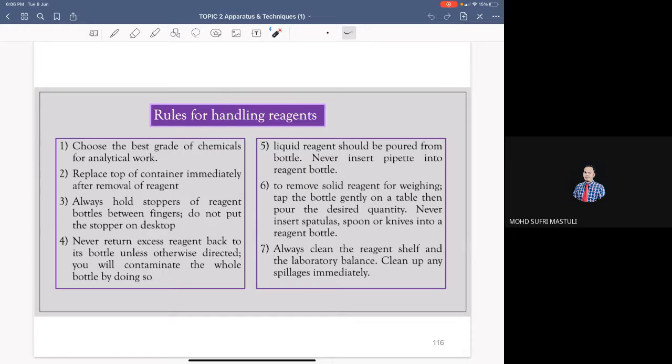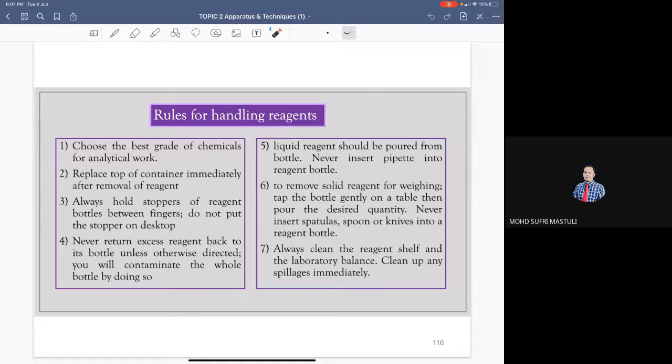To remove solid reagent, tip the bottle gently and pour the desired quantity. Never insert a spatula, spoon or knife into the reagent bottle. This will contaminate the chemical reagent.